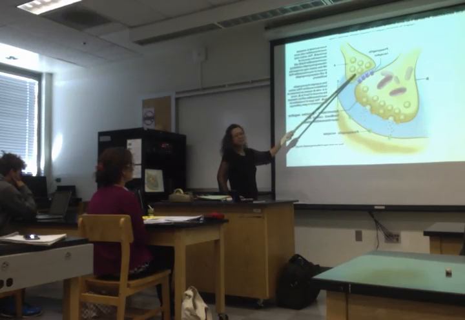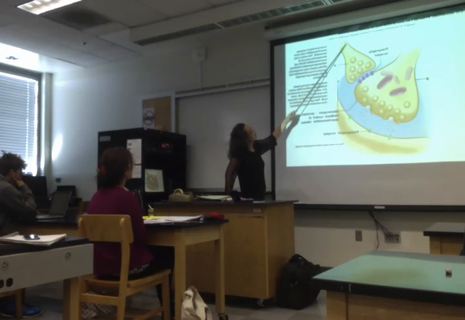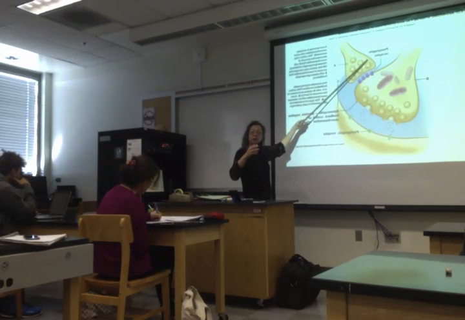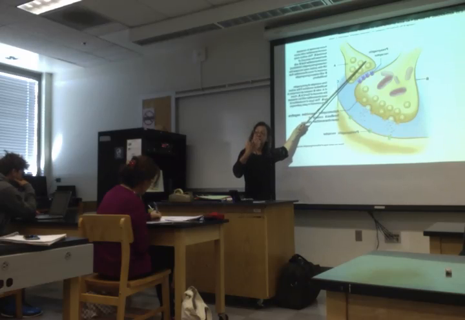It's going to act kind of the same way; the mechanism will be kind of the same. An action potential arrives, and they're not showing it here, but we know that would open up some voltage-gated calcium channels.